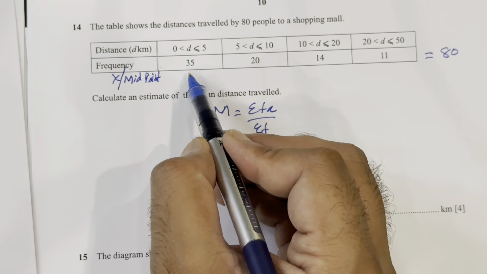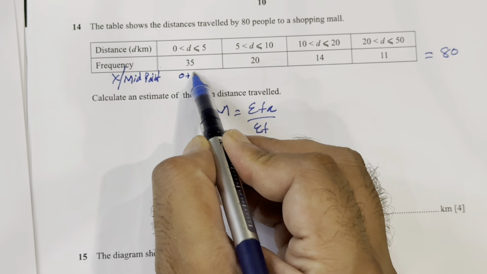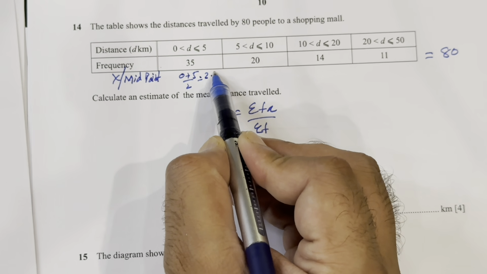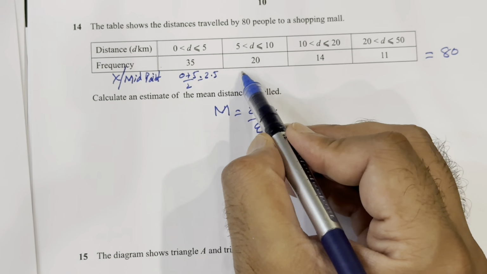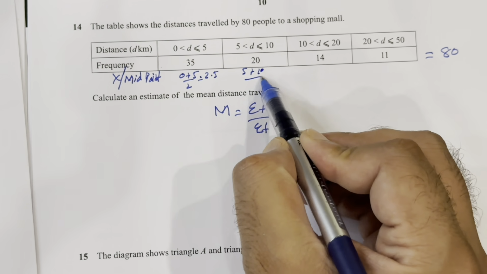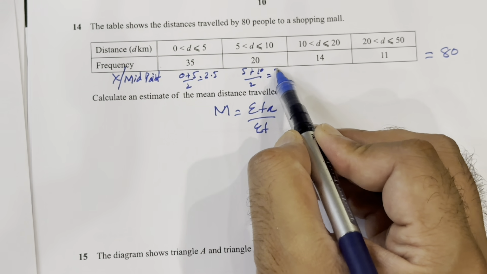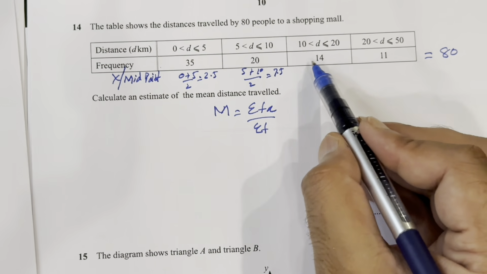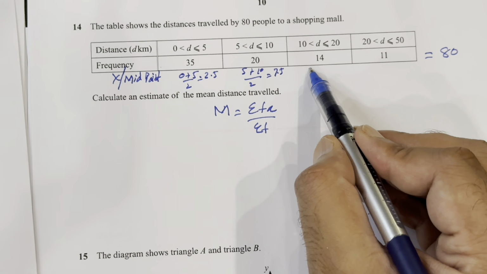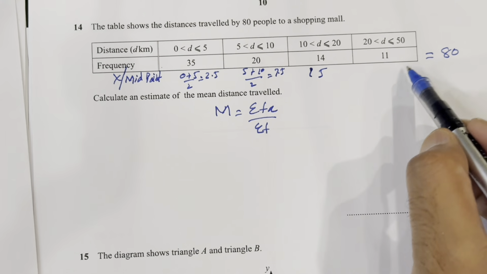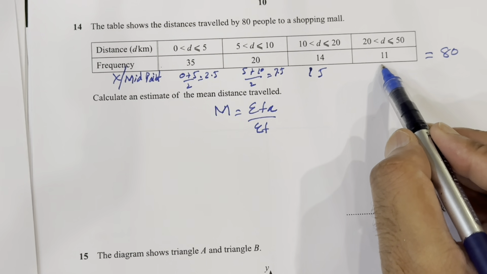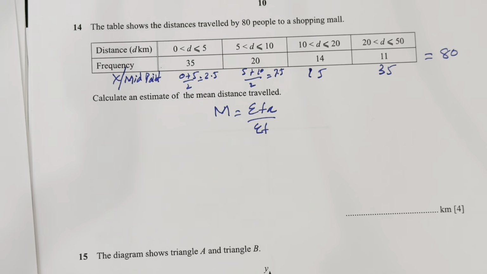So 0 plus 5 divided by 2, the answer is 2.5. In the same way, 5 plus 10 divided by 2, the answer would be 7.5. 10 plus 20 divided by 2, the answer would be 15. 20 plus 50 is 70, 70 divided by 2, the answer would be 35.